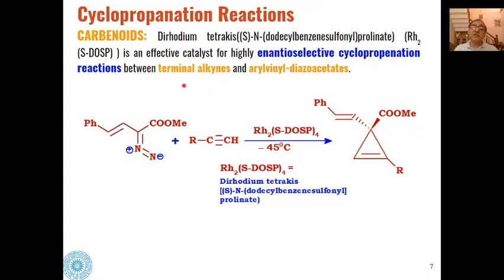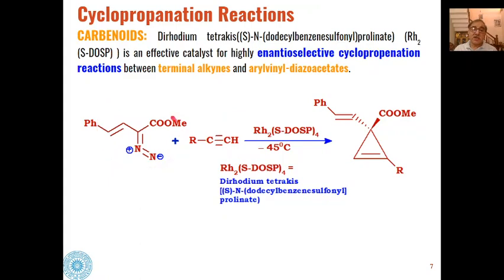This reaction is useful even for terminal alkynes, whereas in most of the cyclopropanation reactions we have seen examples of alkenes only. This reagent can be used for enantioselective cyclopropanation between terminal alkynes and aryl vinyl diazoacetates.